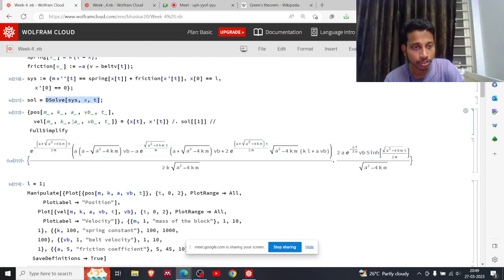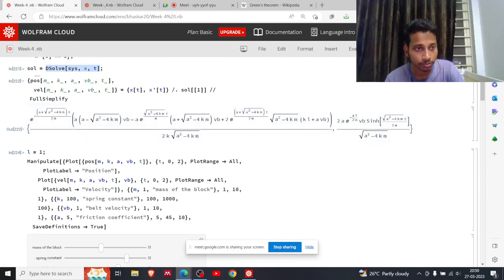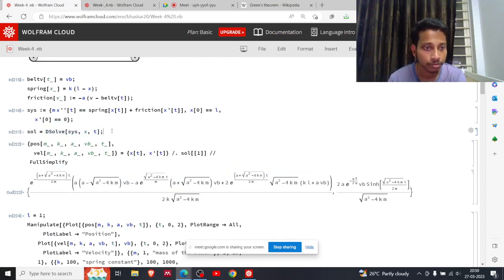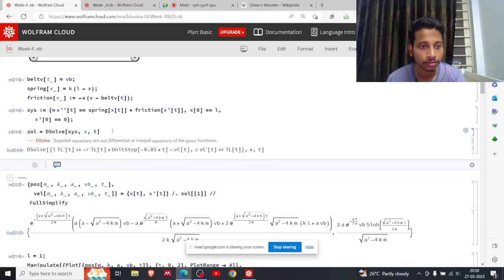So after solving we get these two things, position and velocity. Now this position has this complicated form, and then this is the velocity.